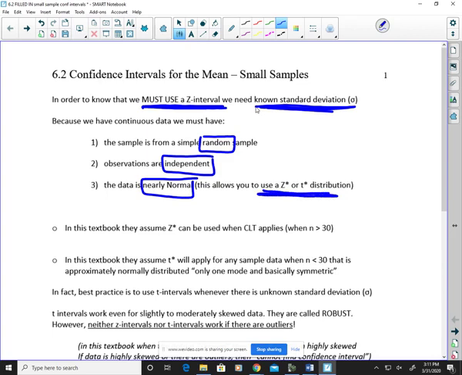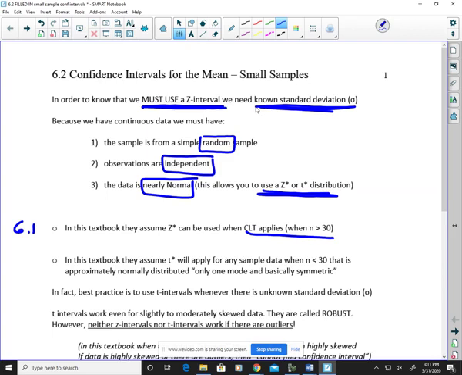which we're learning today, distribution. In this textbook, they assumed in section 6.1 that if CLT was met, which was over 30, then you could use a Z for that situation.